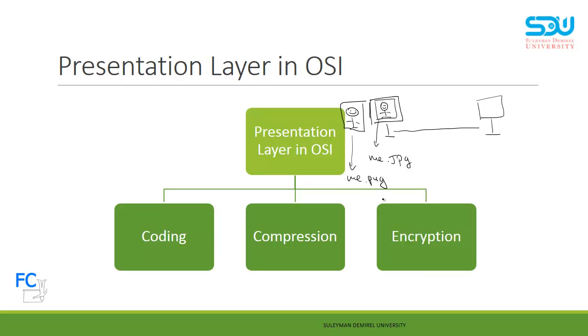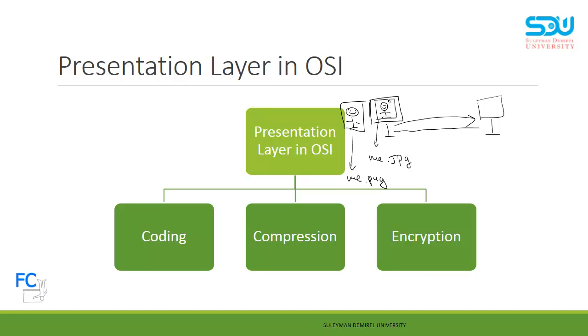me.png. So when the receiver takes this picture, when it is delivered, whether you send me JPEG or me PNG, the receiver will see your face. He will recognize you, and it's not a big difference for the receiving person whether he receives the JPEG file or PNG, because he will see the content.